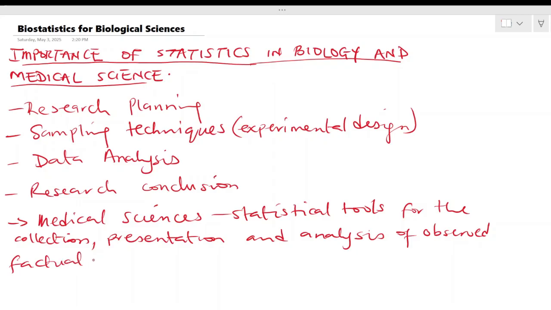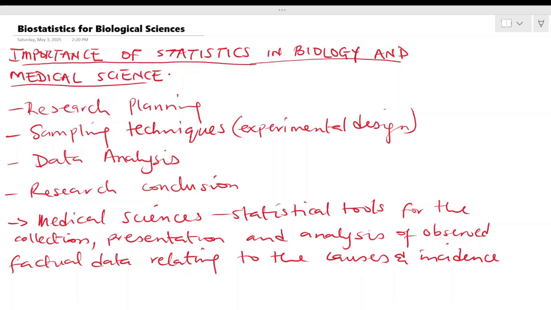The facts, what they are actually seeing. Factual data relating to the causes and incidence of disease.